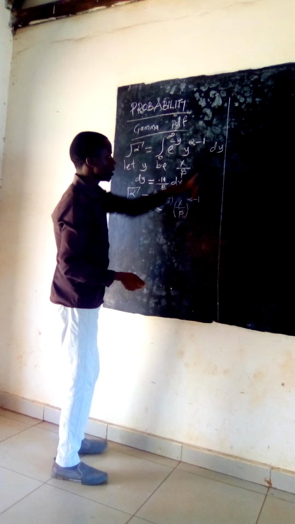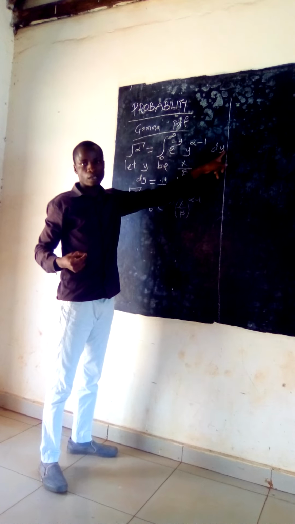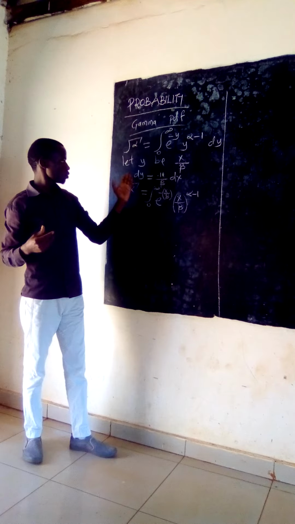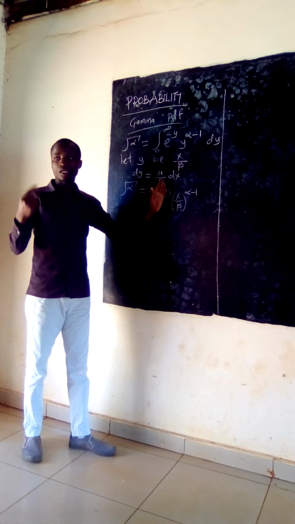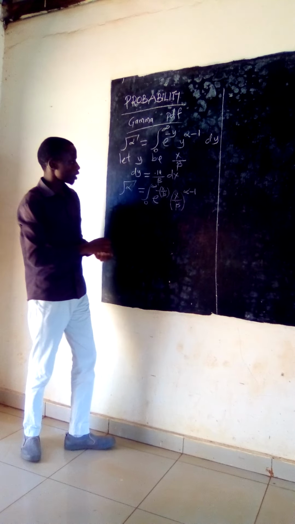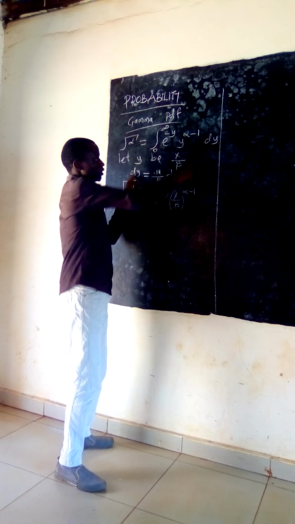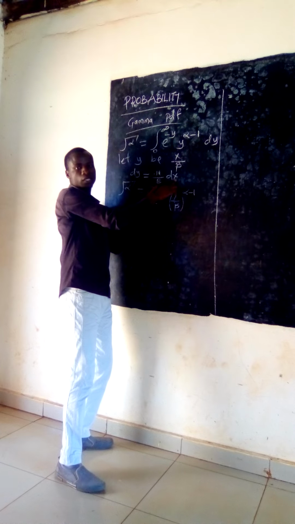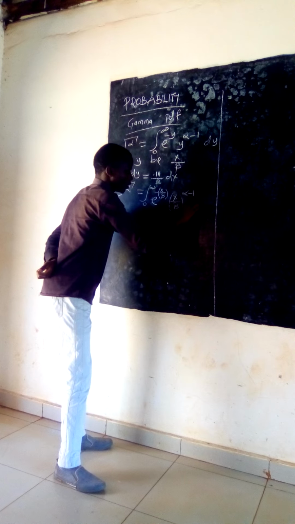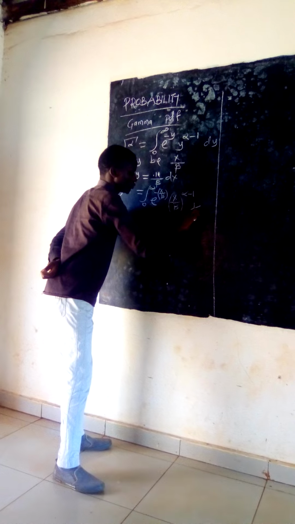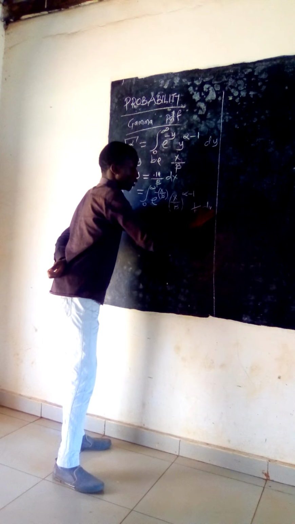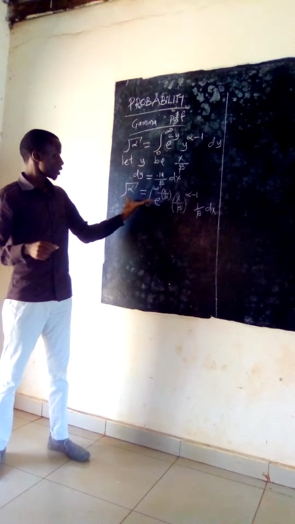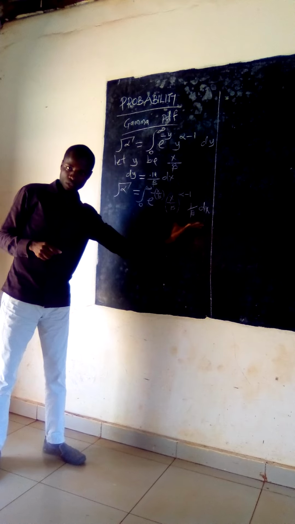Remember I'm having dy here, and dy was 1 over beta dx. So instead of dy, I'll have 1 over beta dx.